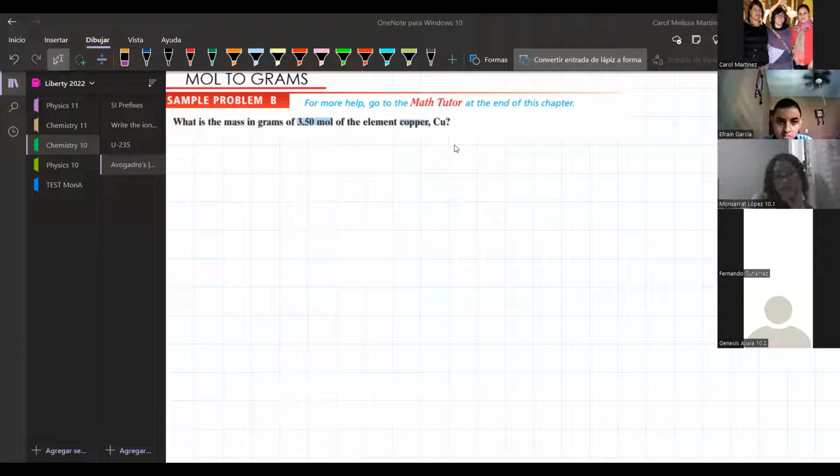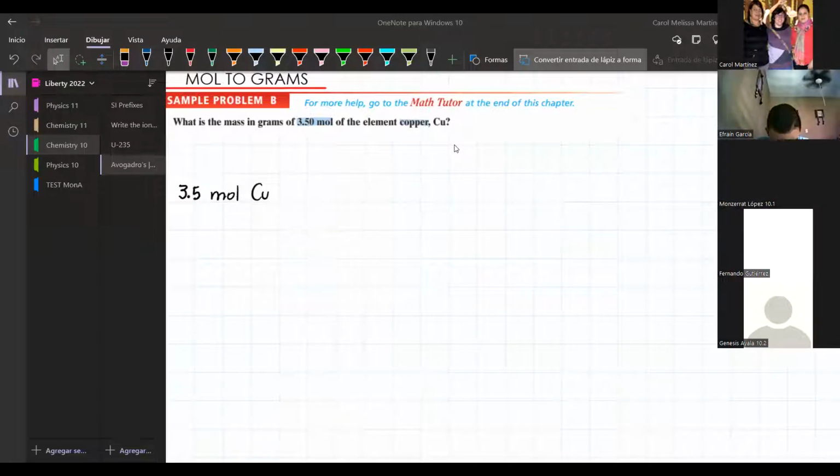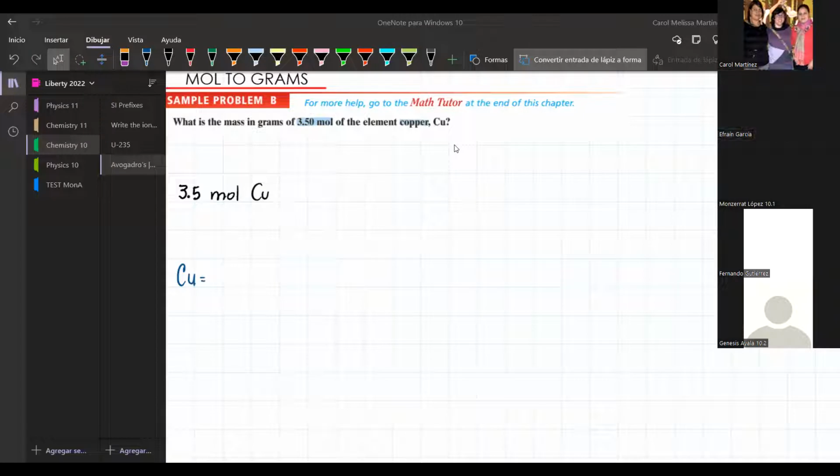So the given in this problem are the 3.5 moles of copper. So we start with 3.5 moles of copper, okay? Now, in the periodic table, what do we know about copper? What is the atomic mass? 63.55.